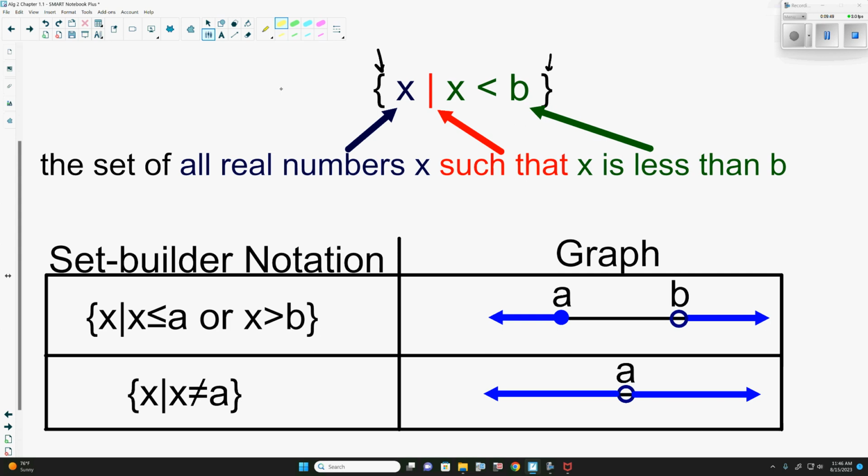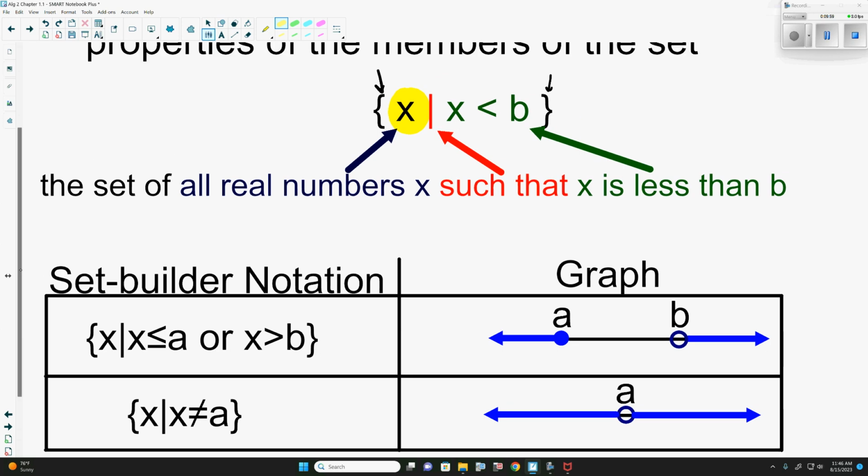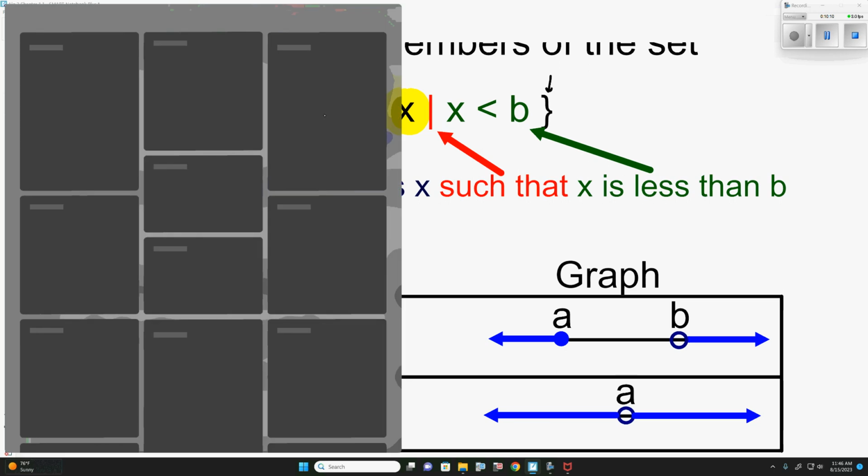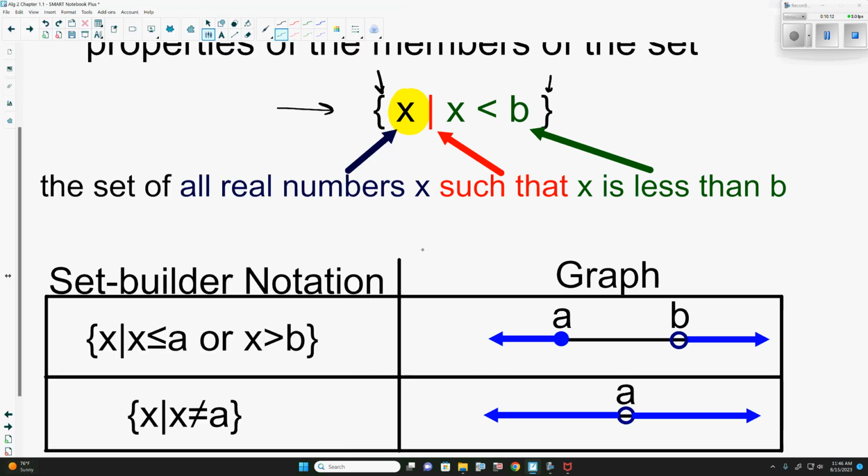You can write this and I'll explain as we go, or you can write as I explain it. This whole statement here is set builder notation. It will always start and end with braces.